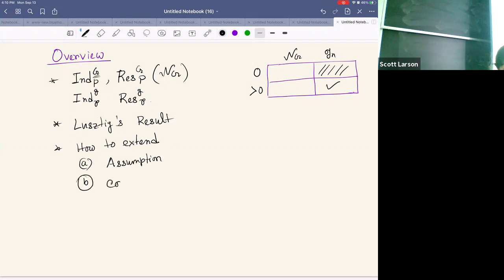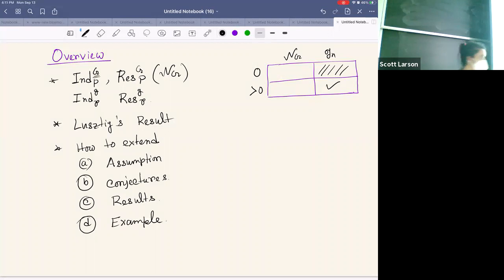We need some conjectures. One of them is Mautner's cleanness conjecture. Then I'm going to talk about the results that I proved in my paper. I'm going to give an example of one of the conjectures: one is made by Mautner, and there are some well-known examples.